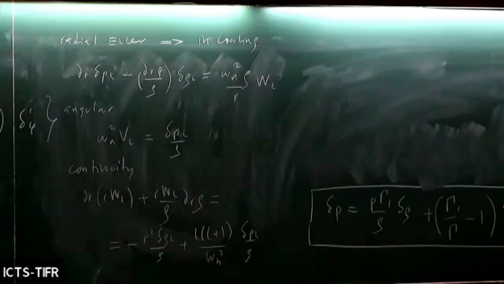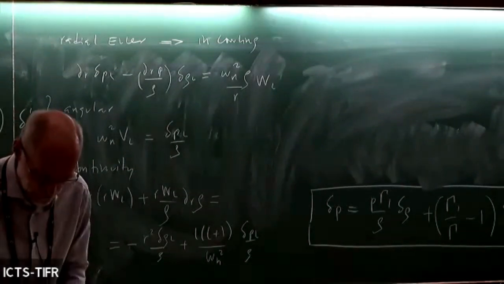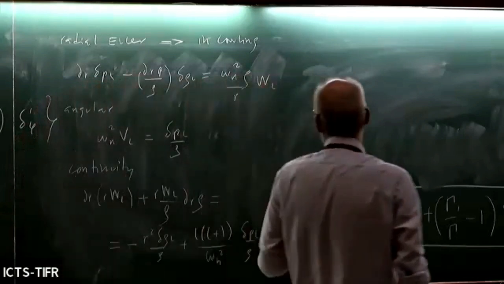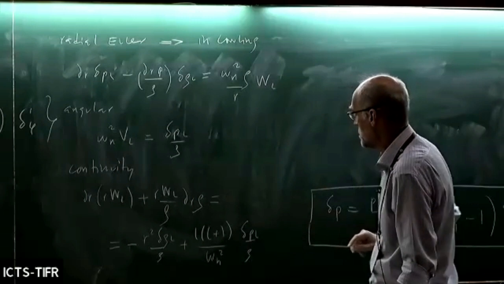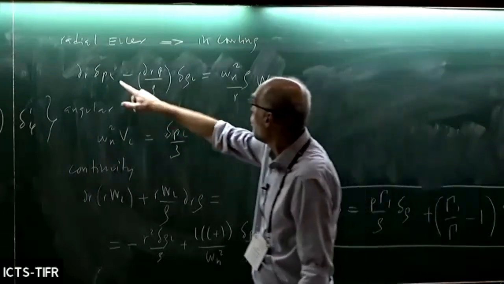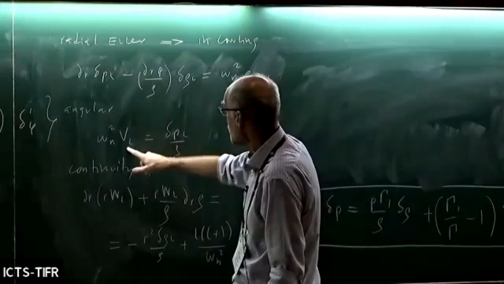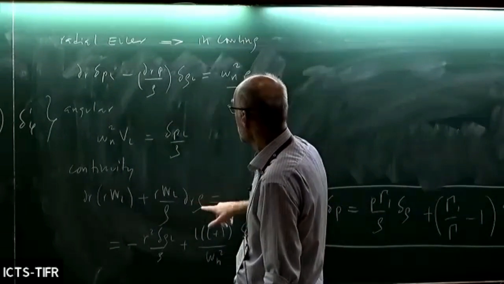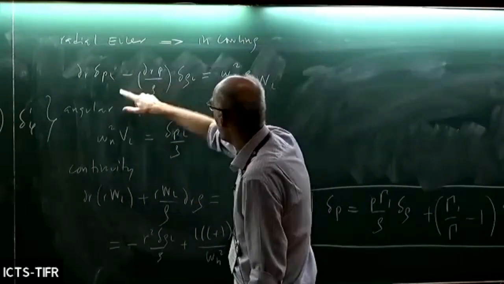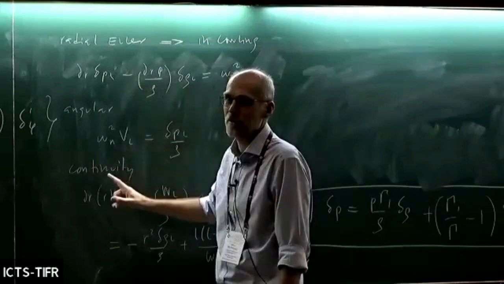But now we have formulated the problem, okay? We have 1, 2, 3 equations for 1, 2, 3, 4 variables.